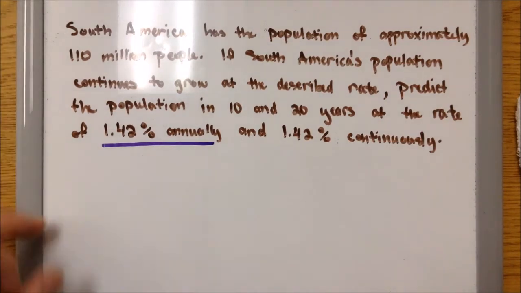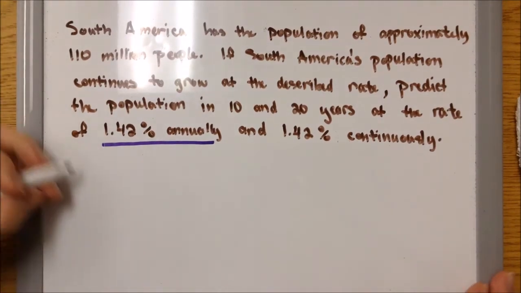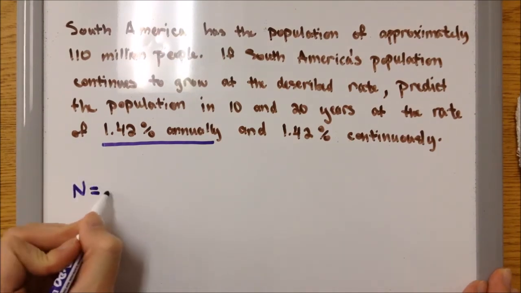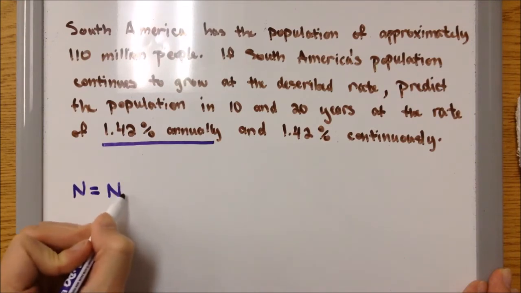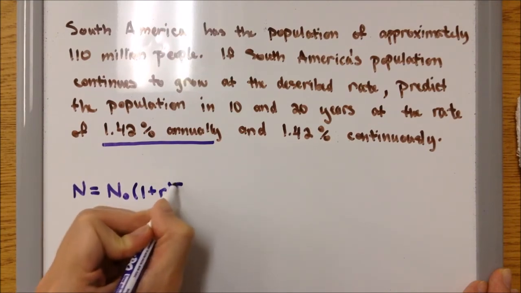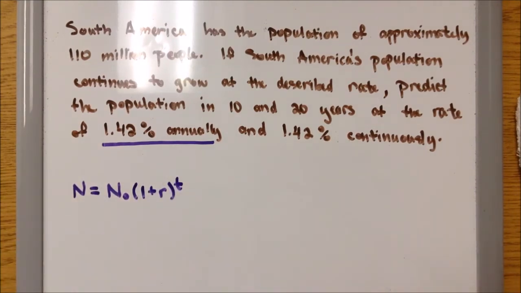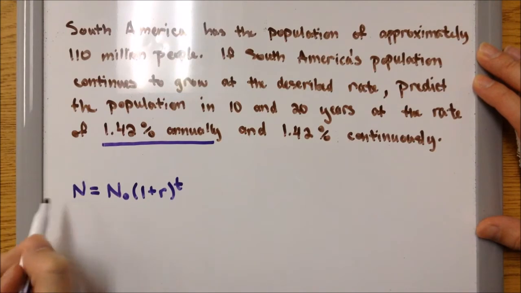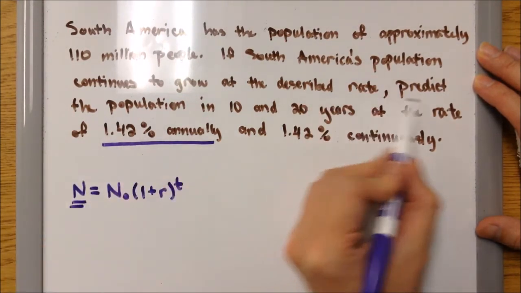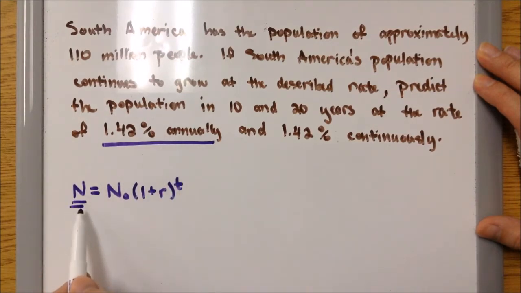The formula for it was N equals N sub-zero times (1 plus r) to the power of t. Right now we're just going to focus on setting up the formulas. So it's just asking predict the population, so you're looking for N. When it says predict the population, you're looking for N.